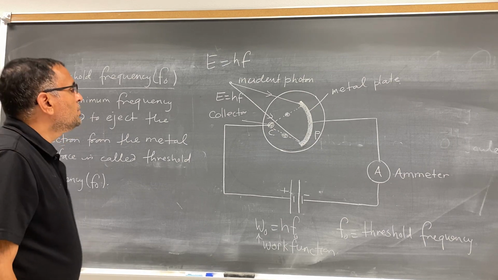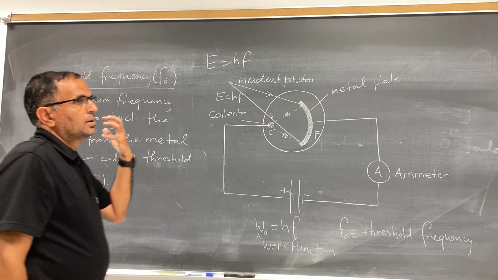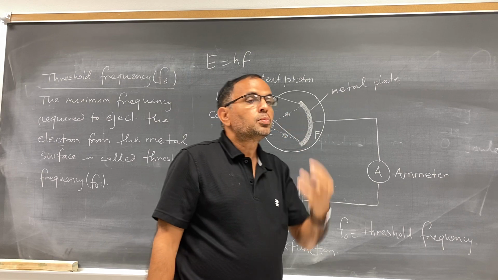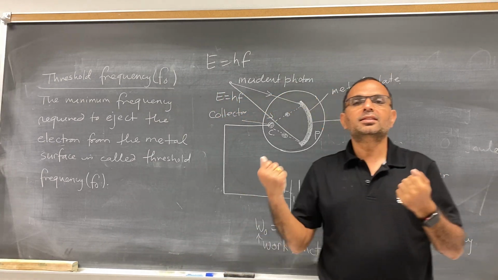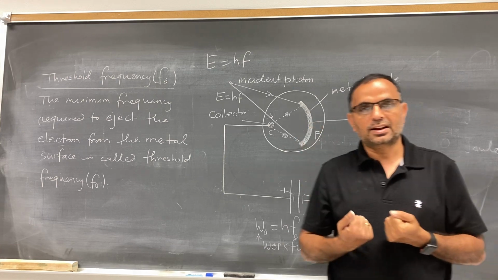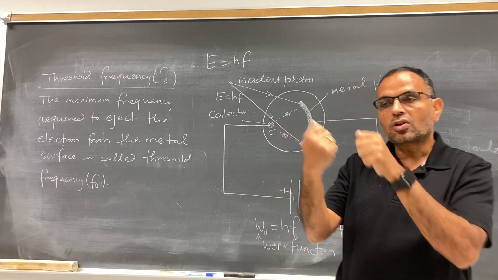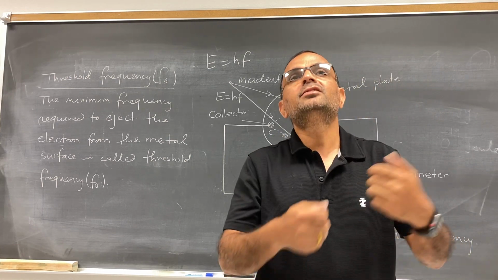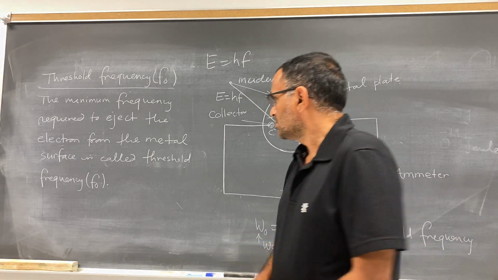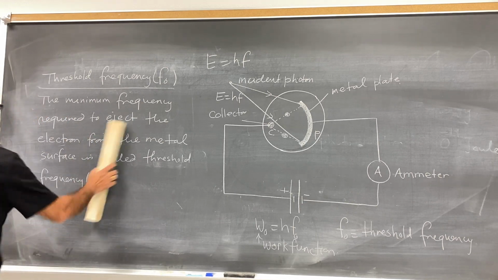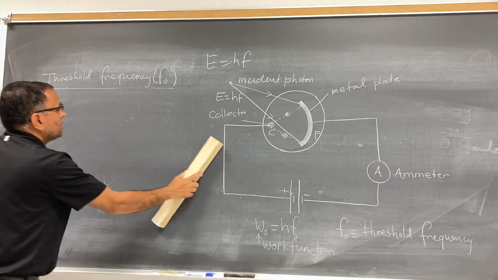Okay, so if you like to plot the graph between the kinetic energy and the frequency of the incident light, the energy you need is just enough to knock the electron out of the metal surface. So it is like this.